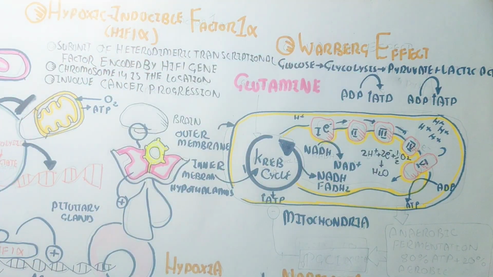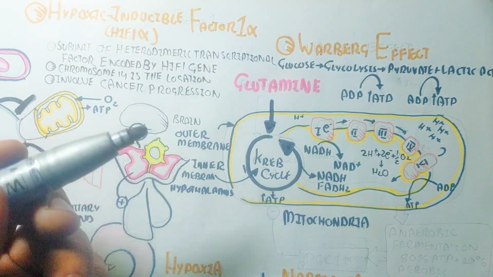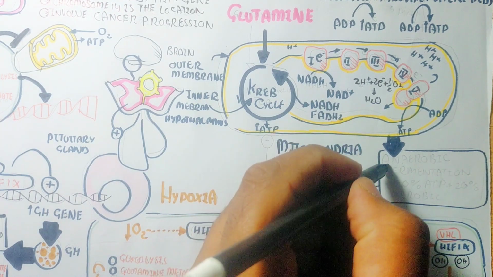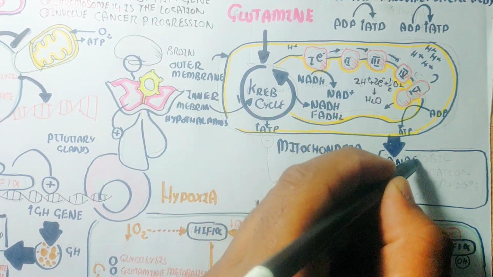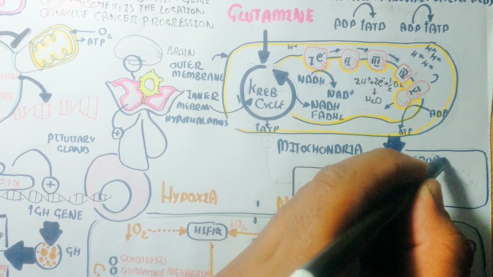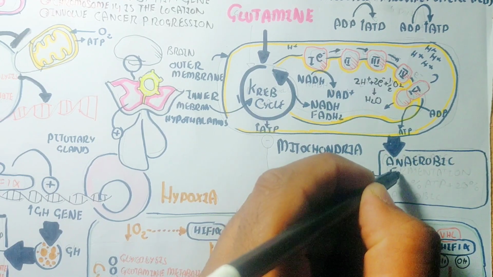Glutamine, additionally, you should understand together with the Krebs cycle to produce more ATP anaerobically. Anaerobic fermentation would be 80% of ATP production and 20% aerobic.